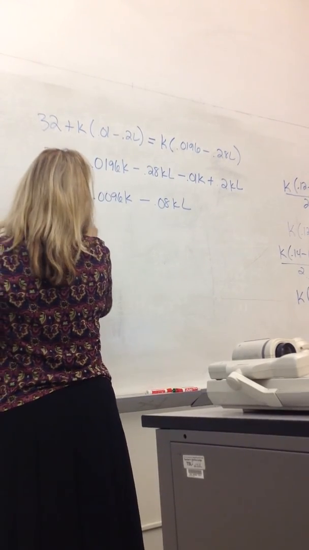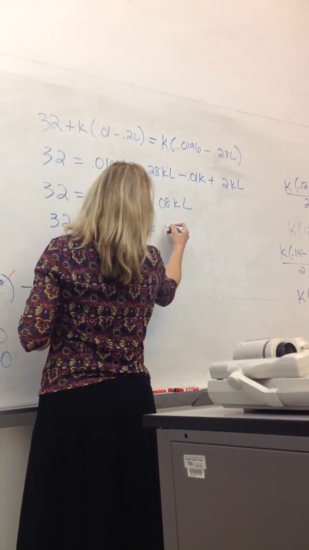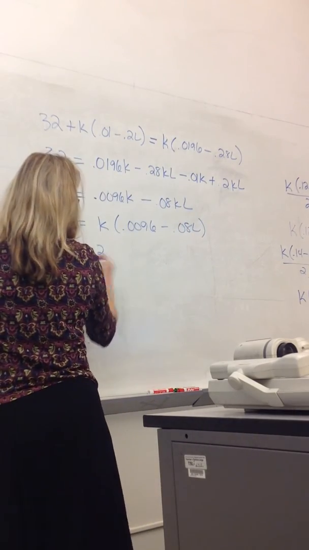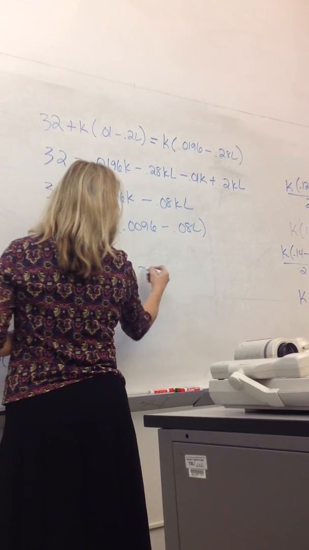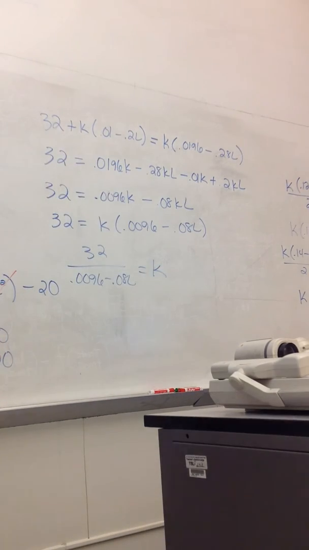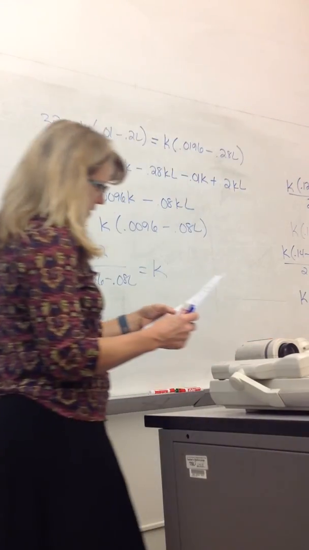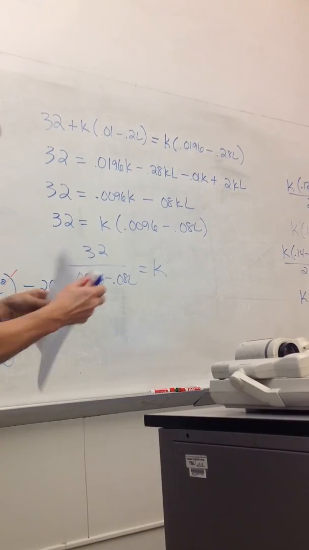So then 0.0096 minus 0.08L. So 32 divided by 0.0096 minus 0.08L is K. And then we should be able to plug that back into one of our equations and come up with what we end up with for K. 10,000 is what it says K is, okay.